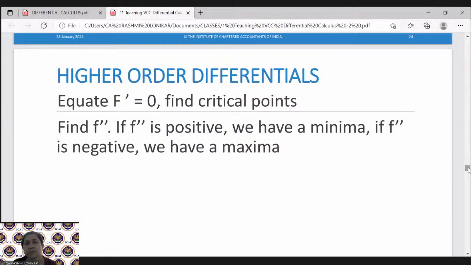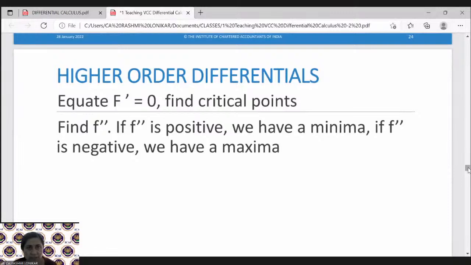Is that clear? I repeat: say that I have f, I find out f dash. Now I take this f dash and equate it to 0. I find the critical values. Once I have found those critical values, I take those values and find the second differential.